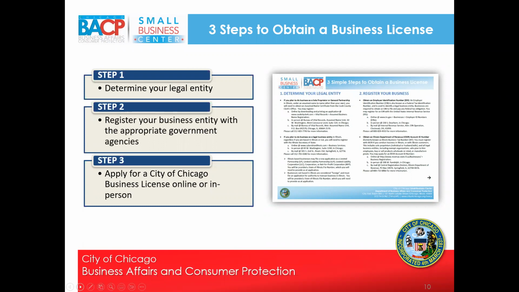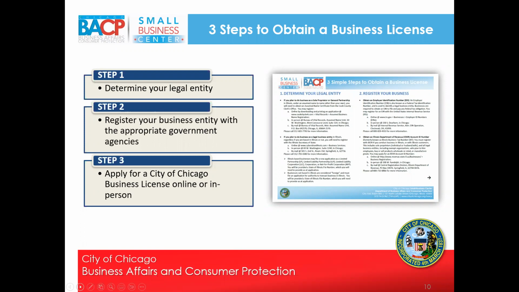If that's the case, then you have to make sure that you register your legal entity with the Illinois Secretary of State, and that the Illinois Secretary of State has approved your legal entity and issued you a file number. And once you have the file number with the Illinois Secretary of State, then you also have to apply for your EIN number with the IRS.